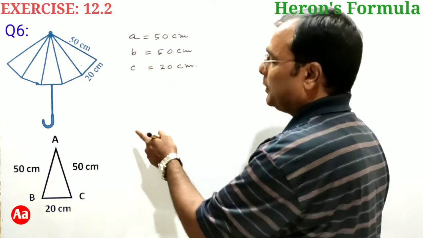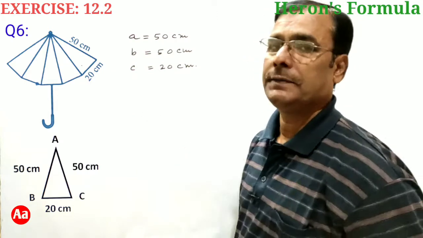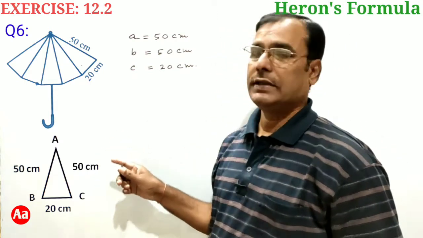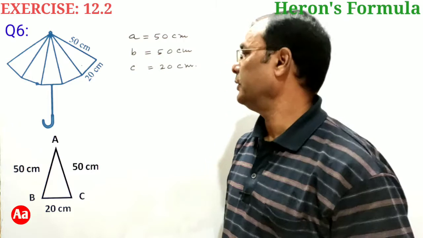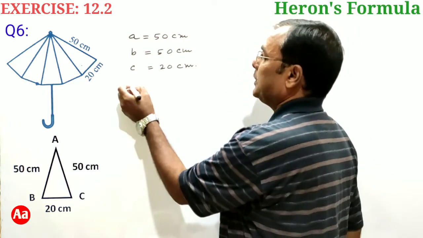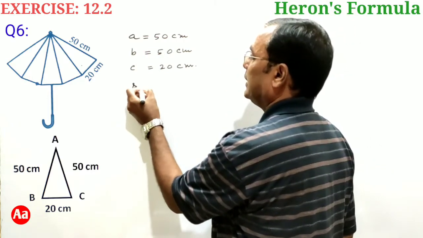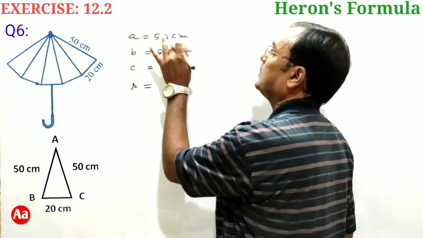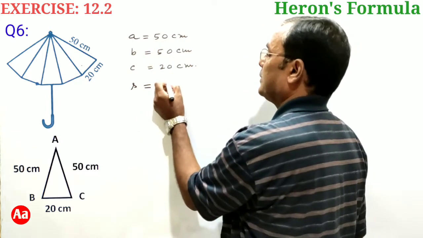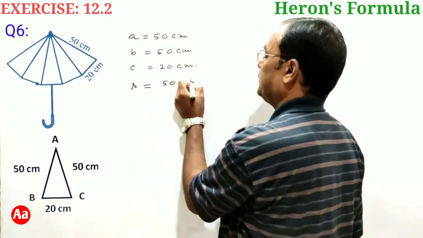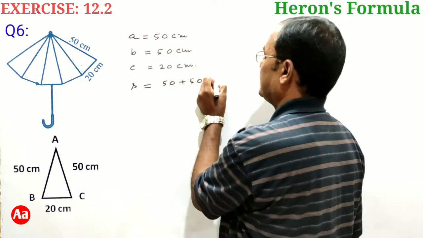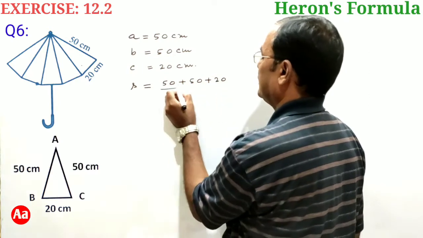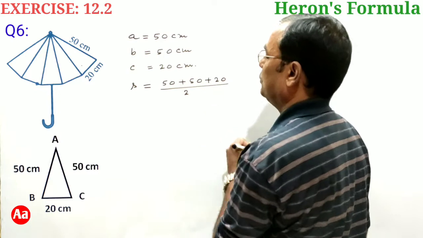As we are going to apply Heron's formula, we need the semi perimeter s, that is (50 plus 50 plus 20) divided by 2.